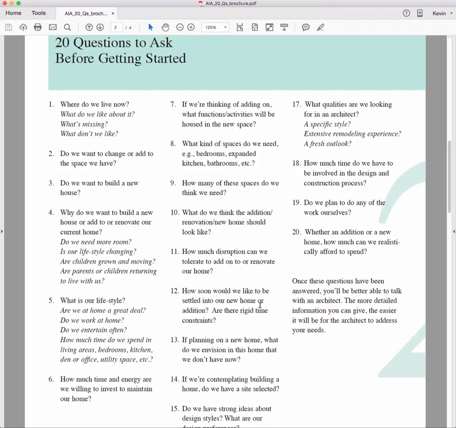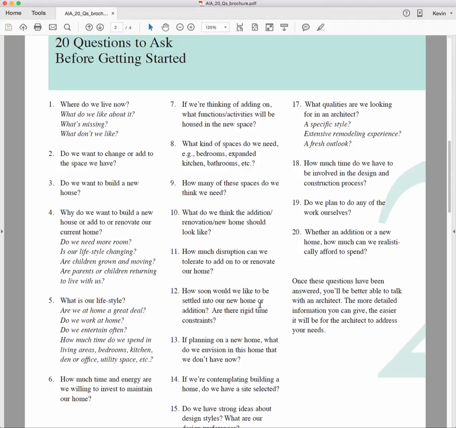Let's see, 7. If we're thinking of adding on, what functions or activities will be housed in the new space? Okay, so for information systems, if we're thinking of enhancing an information system, what kinds of functions are we thinking of adding on? What kind of spaces do we need?